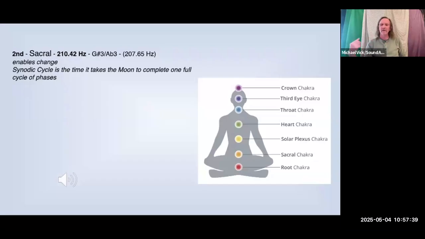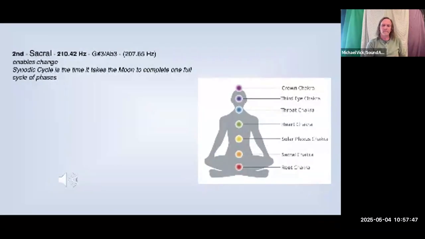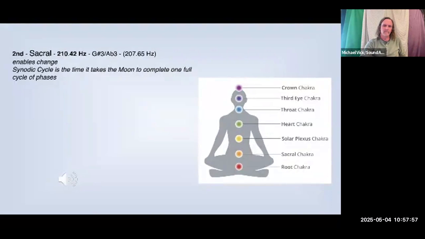It's ever going around us. So that's the second cycle. You can kind of see a pattern here of the relationships.